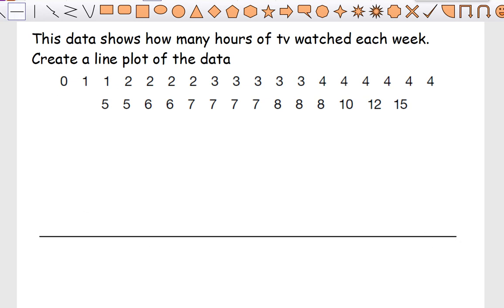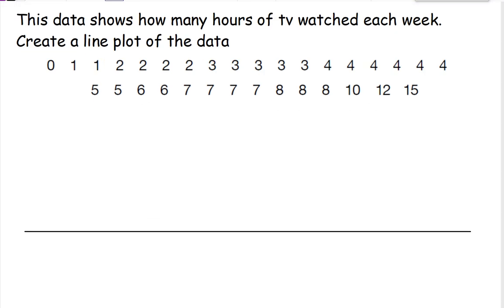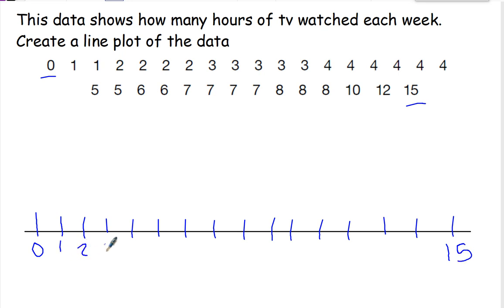And then I have to divide that line into sections. So I have numbers from 0 to 15. So I need to start at 0 and count up to 15. So 0, 1, 2, 3, 4, 5, 6, 7, 8, 9, 10, 11, 12, 13, 14, 15. I'm going to go ahead and quickly write those numbers in.